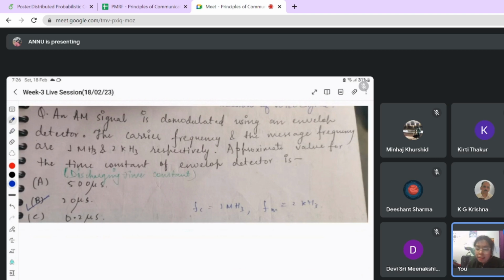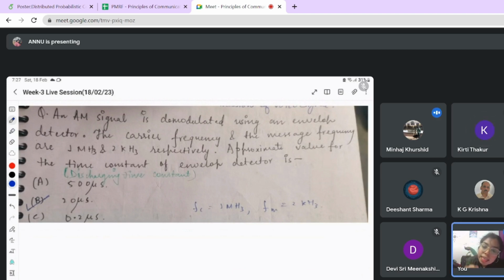The time constant here is a discharging time constant. How will you calculate? Just let me know the approach. We should find the time periods, the inverse of f_c and f_m, and the range in between will be the discharge time period.